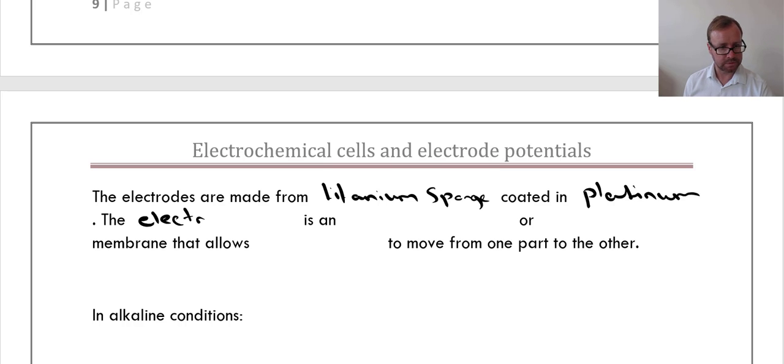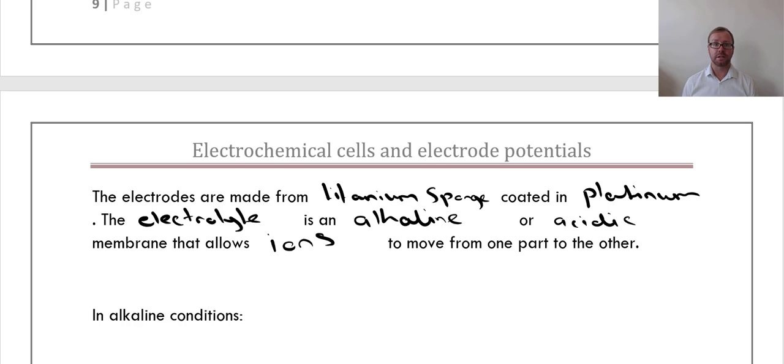The electrolyte, our solution containing the ions, is an alkaline or acidic membrane that allows ions to move from one part to the other. So this membrane acts a bit like the salt bridge in the examples that we have done.